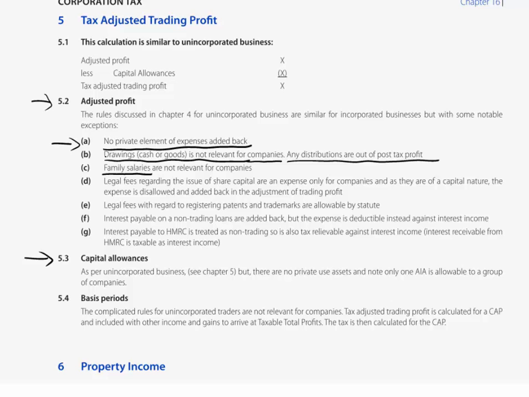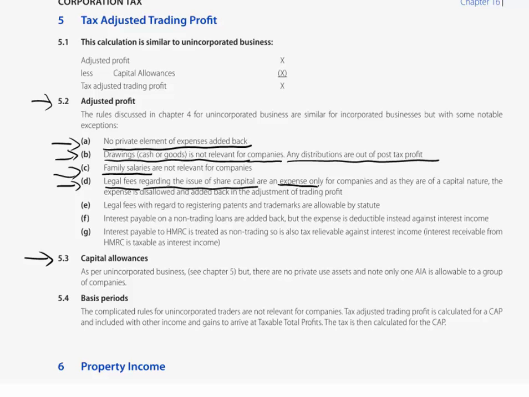No private use issues. Having got rid of those first three, which are issues pertaining to income tax but not corporate tax, we then see another new point that is unique to corporate tax, and that is legal fees. Well, we've seen those before, but regarding the issue of share capital. There's only companies, of course, that will issue share capital.